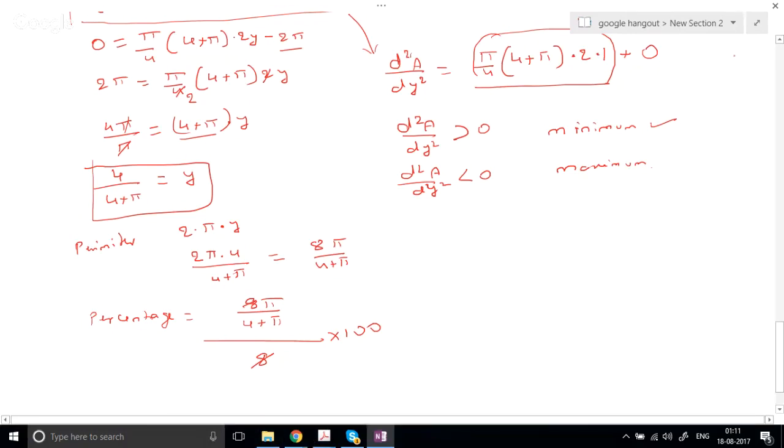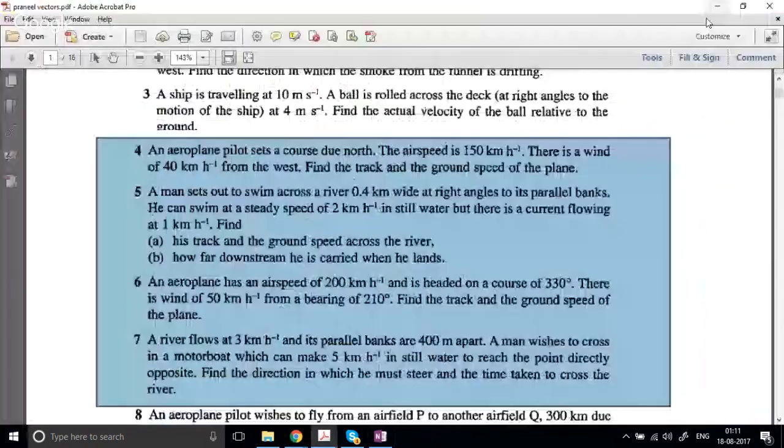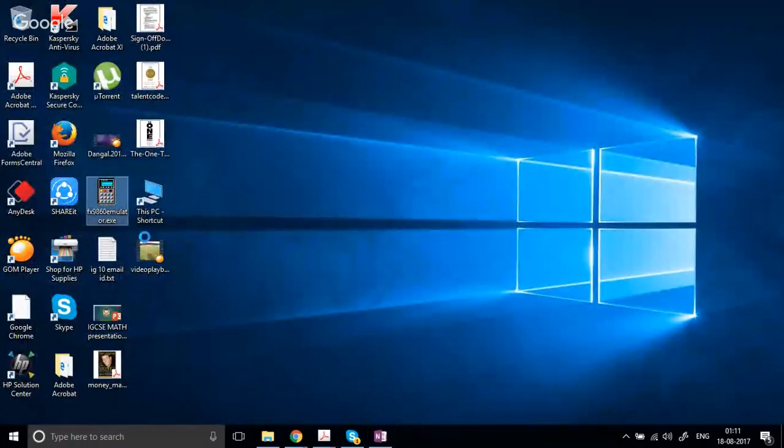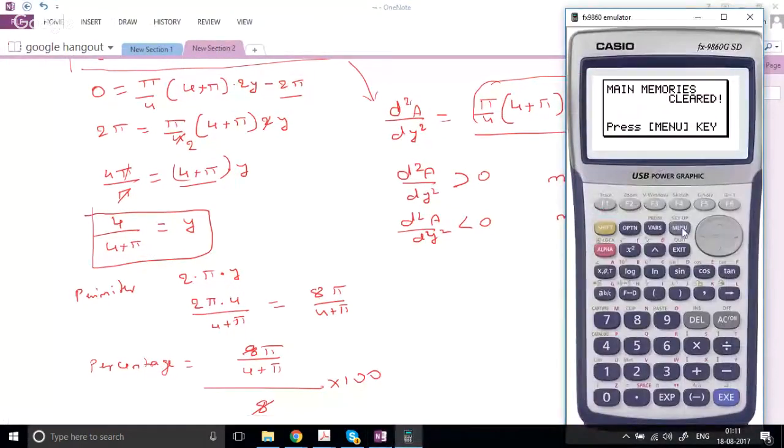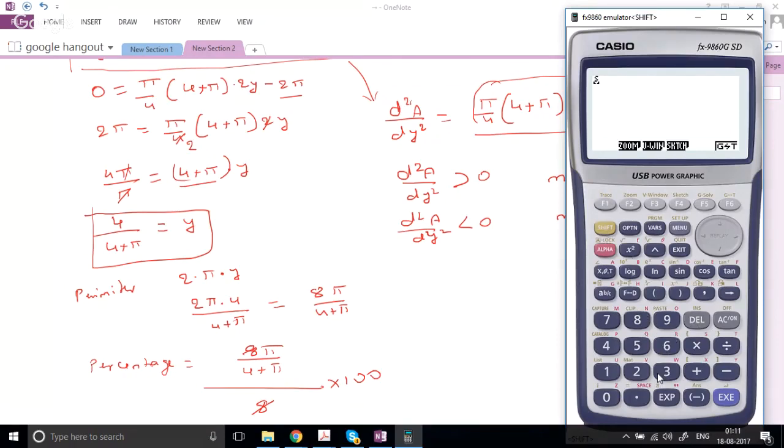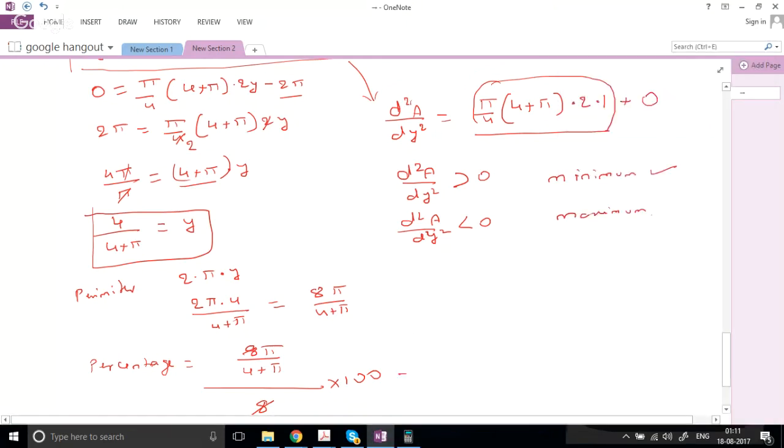We can use a calculator here. Sorry, there is no 8 here: pi divided by 4 plus pi, times 100, which ends up getting 43.99. So 43.99 percent is the answer.